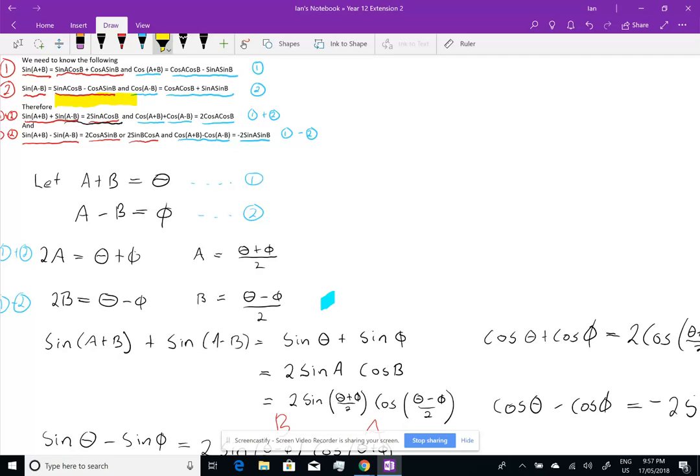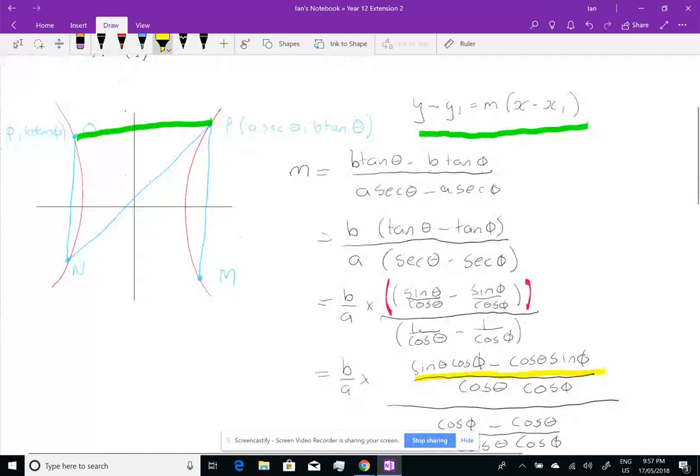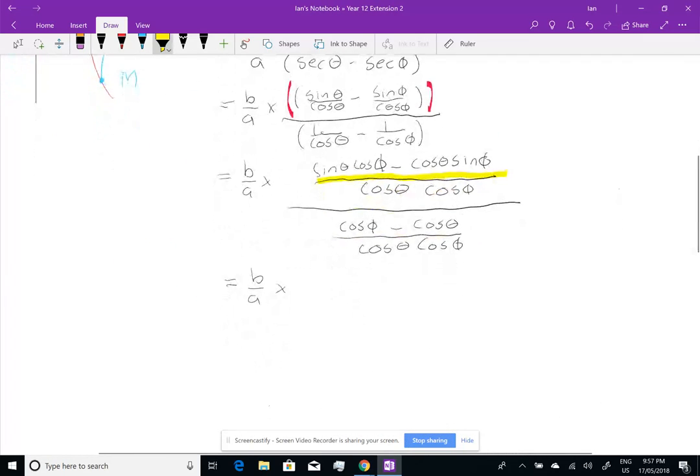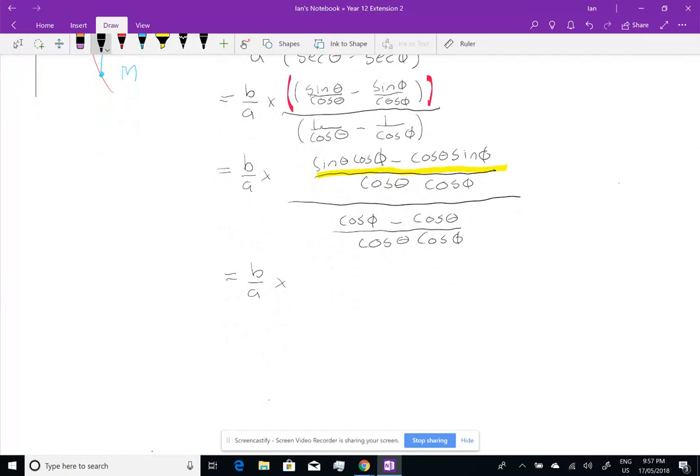Sine something, cos something, minus cos the same thing, sine the same thing, is A minus B. So let's write that. That yellow bit there, let's write that as sine theta minus phi. And it's all over cos theta cos phi.